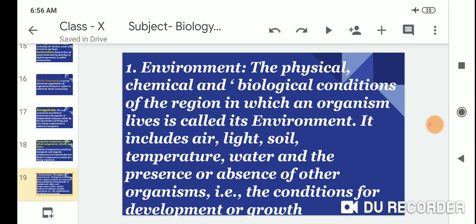It includes air, light, soil, temperature, water, and the presence or absence of other organisms, the conditions for the development of growth.